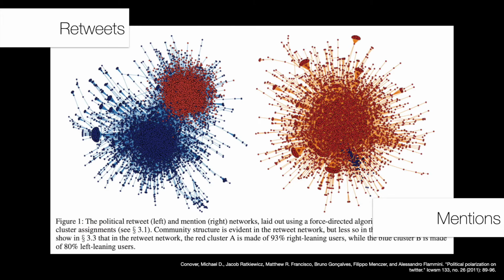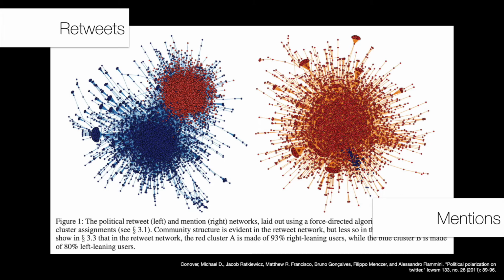And what we find is these different structures tell us a lot about political ideology. The retweet graph on the left very clearly separates into liberal and conservative or Democrat Republican structures, and the mentions graph is pretty different from that, suggesting that conservative or Republican users behave differently on social media.